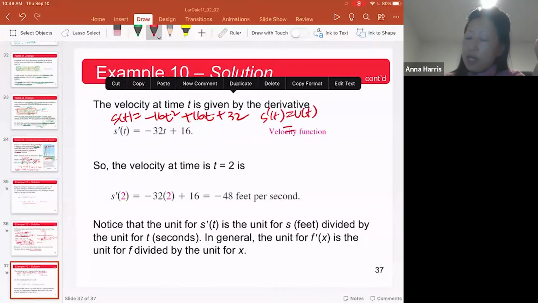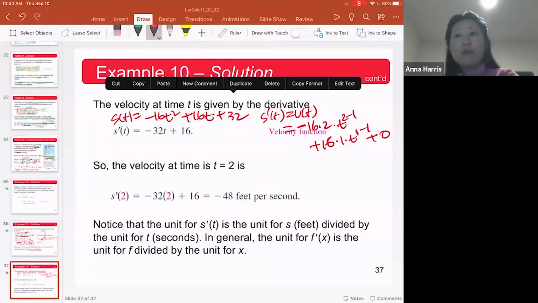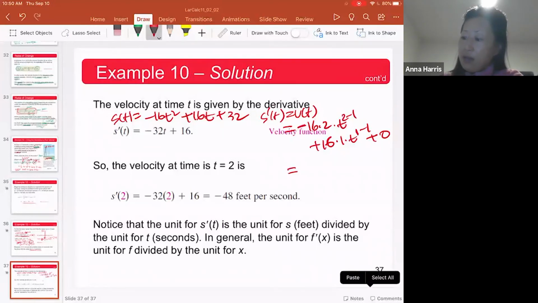And I'm going to do exactly like I've been doing: 16 times 1 plus 16 times 1 times 1 minus 1. The derivative of a constant function is always 0. That's what we have. Maybe 32.